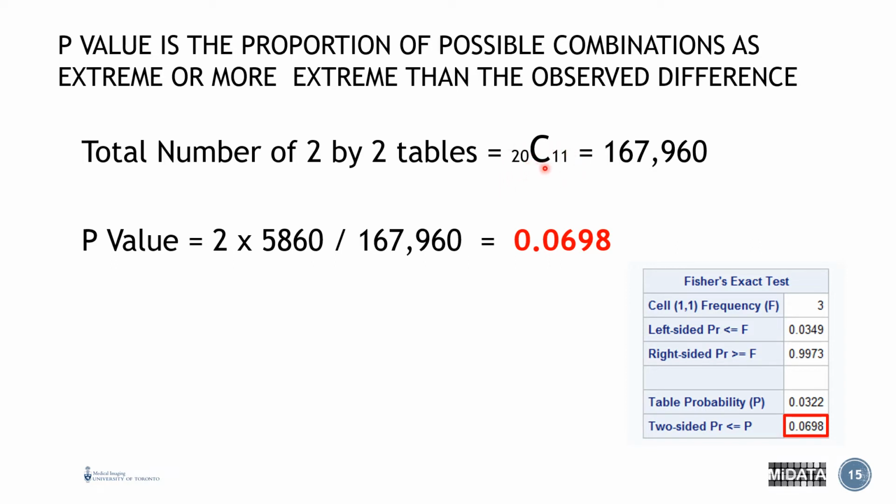So it would be 20 C11, which ends up with 167,960 different possible tables. Then to get the p-value, we simply take 2 times 5860. You remember that 5860 was the total from the previous slide. We take it 2 times because of the two-tailed p-value divided by the total number of combinations, and we get a p-value of 0.0698, which you'll remember was reported under the Fisher's exact test for two-sided probability in your output.